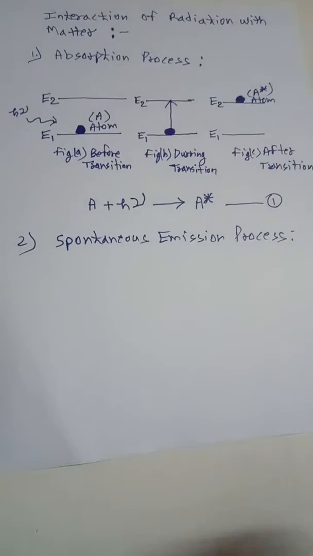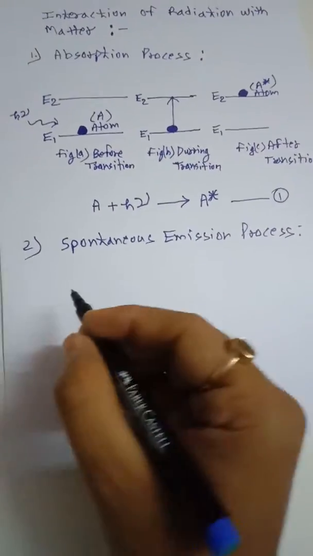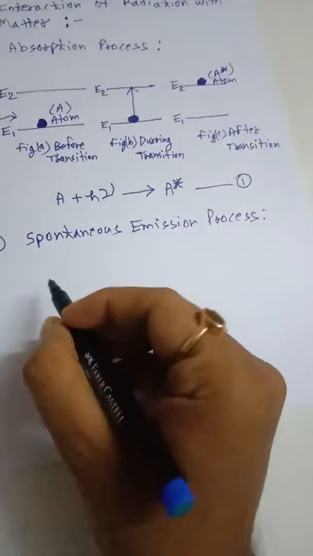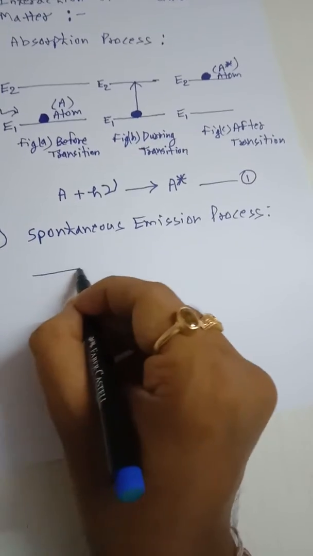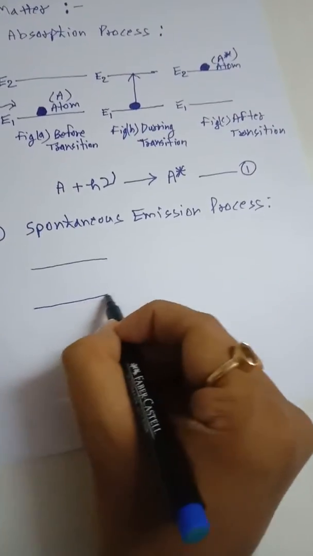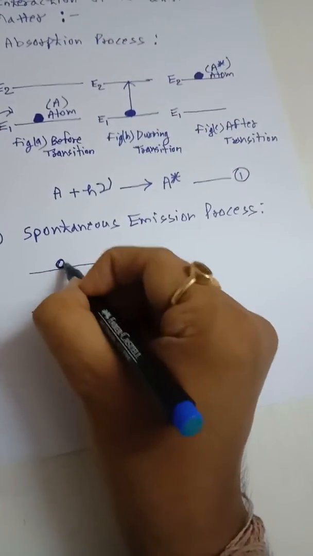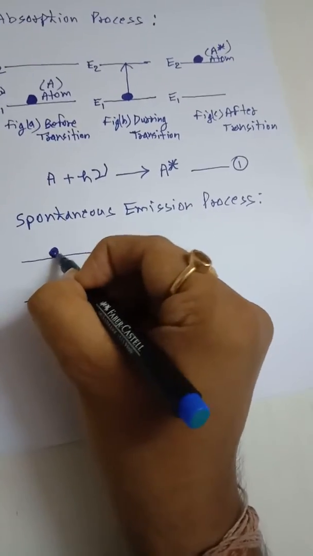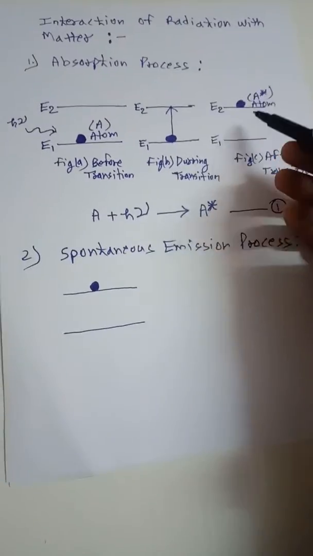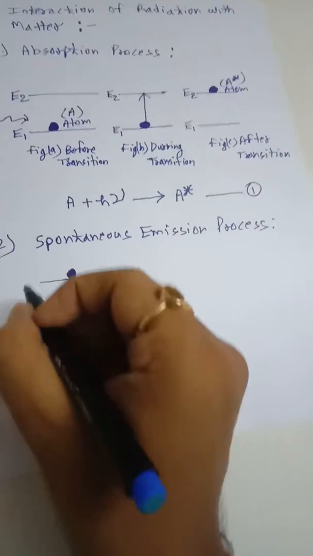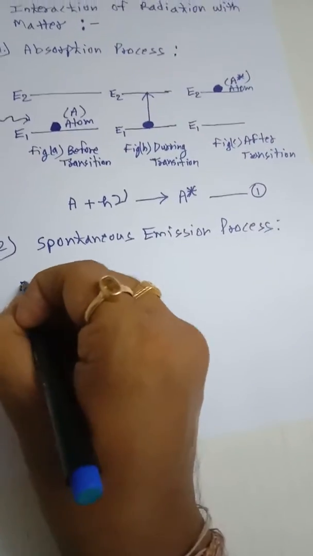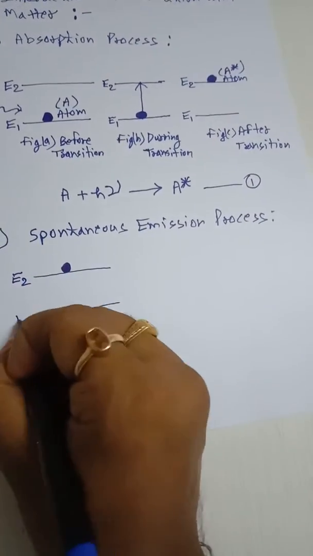Ordinary light is a spontaneous process. Again I will draw a similar type of diagram. The atom which is in the excited state, as in the last diagram, the atom was in the excited state E2.